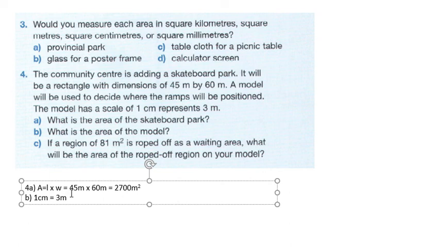So we have to change these dimensions, the 45 to 60, into centimeters for our model that we would make. Now for this, you can use trial and error if you want. So you could make a chart that says 1 centimeter, 3 meters, 2 centimeters, 6 meters, 3 centimeters, 9 meters. That would work. You'll eventually get to the answer.